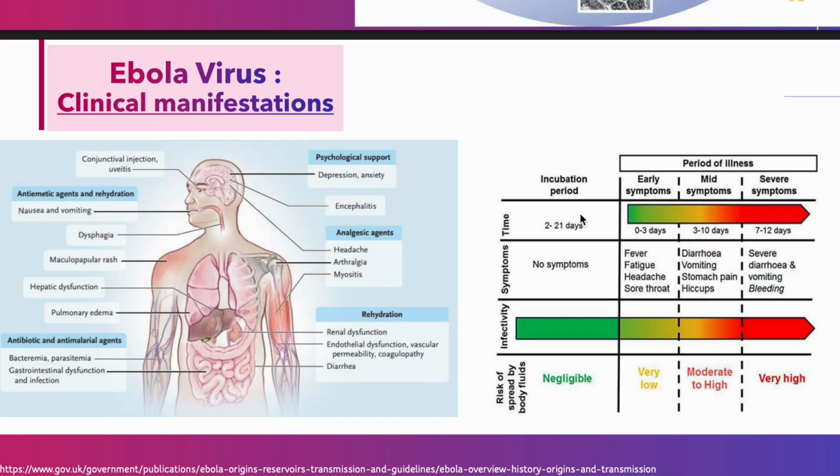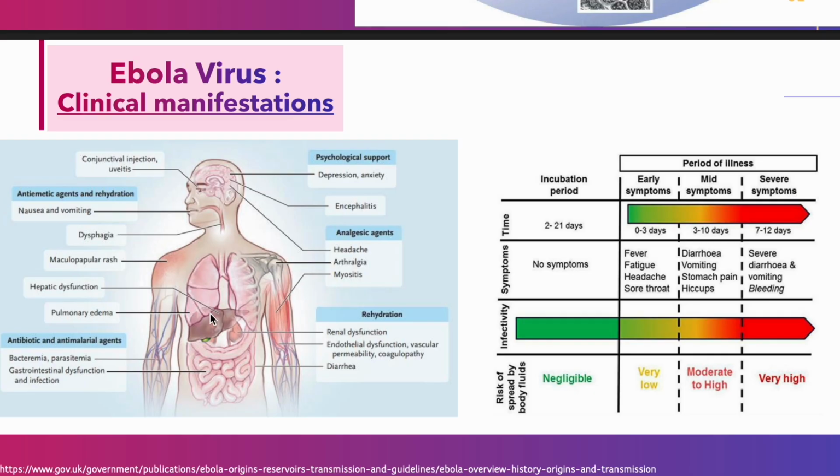For the clinical manifestation, this Ebola virus can infect and go through a lot of organs. In the eyes, like soft tissues, you can see conjunctival injection, uveitis, and also dehydration with nausea and vomiting.